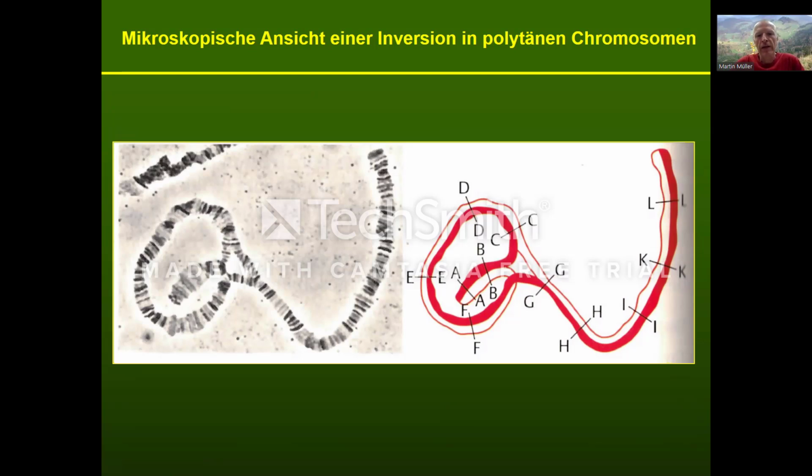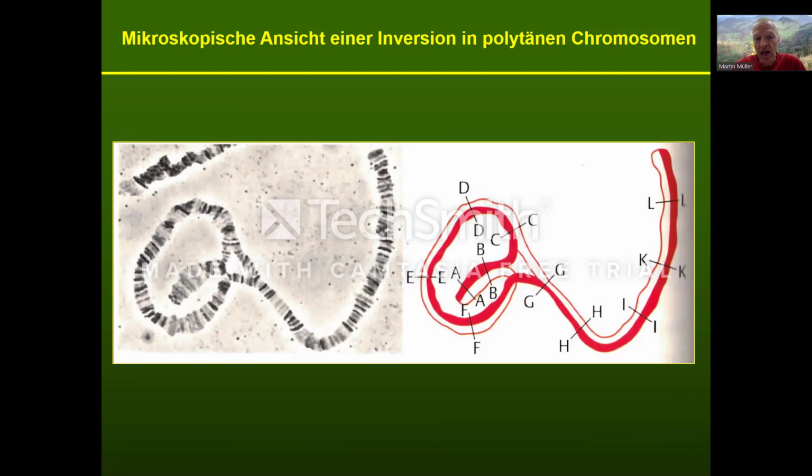People found when they were inducing these inversions that in meiotic recombination experiments, chromosomes containing inversions didn't behave in the way people expected, meaning that the recombination frequencies which were measured between a gene located here and somewhere in the loop here were dramatically different from what it was on a normal chromosome.